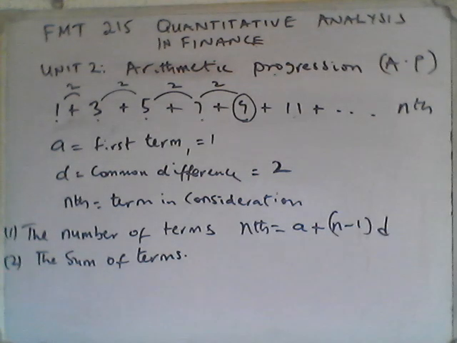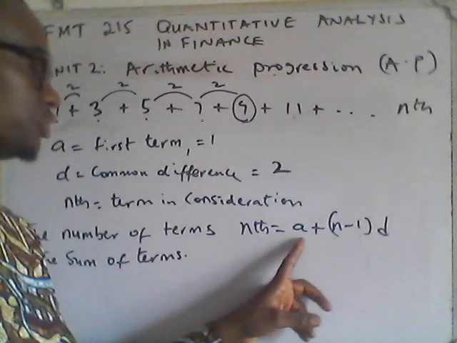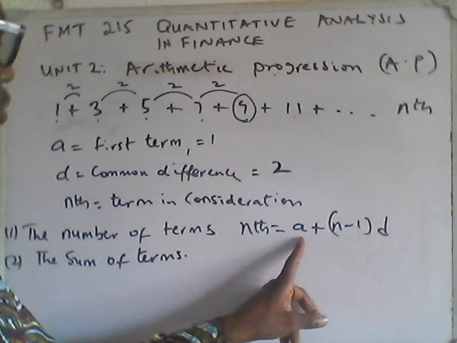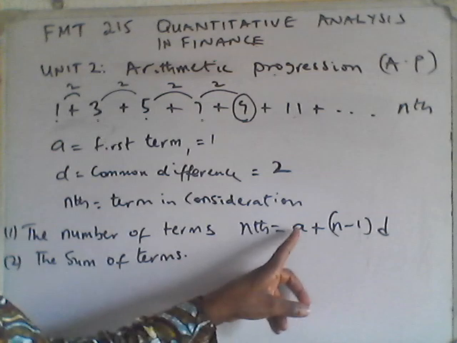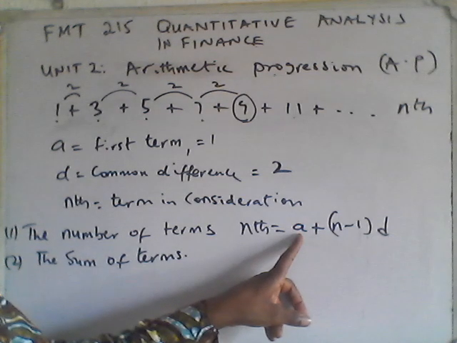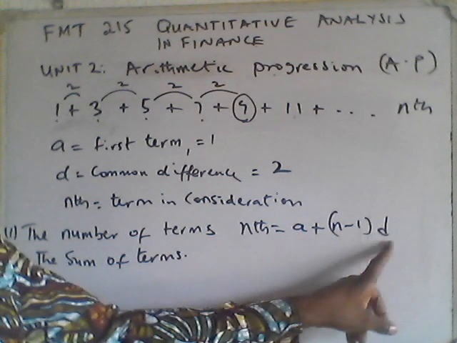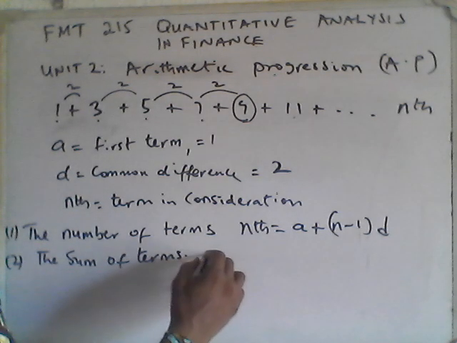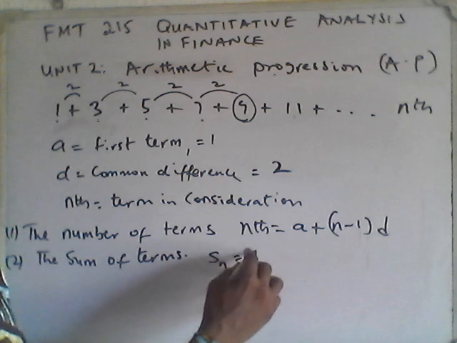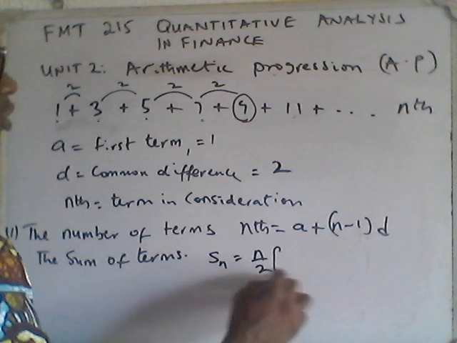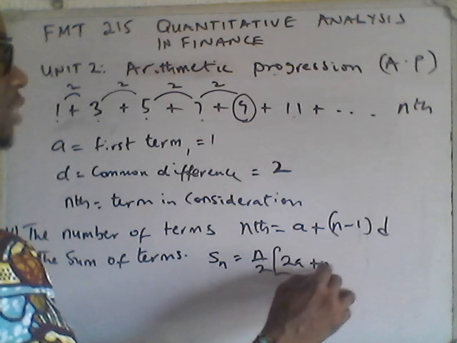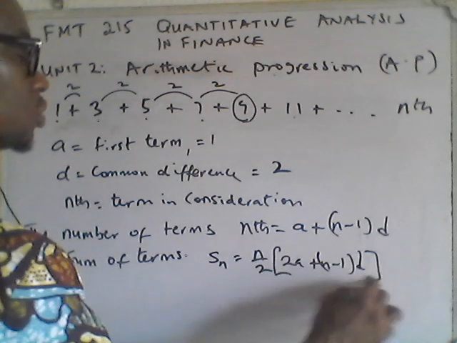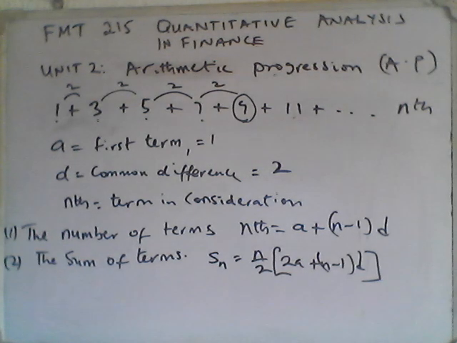I believe we've all defined these values: A is the first term, N is the number of terms, and D is the common difference. If we're asked to find the sum of terms, it is given as Sn equals n over 2, open bracket, 2a plus n minus 1, then d, close the big bracket. These two formulas are very, very important as we dive into the arithmetic progression series.